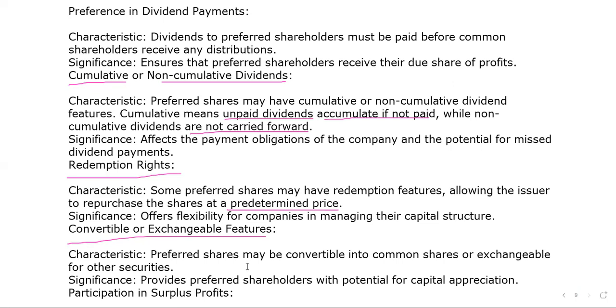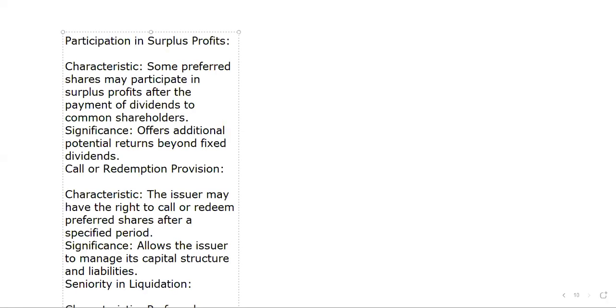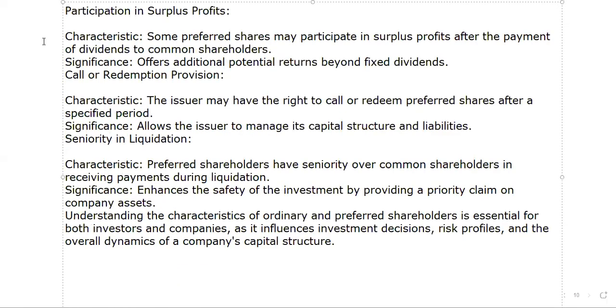Lastly, we'll discuss participation and liquidation. These are the components of the types of shareholders. In terms of participation, some preferred shares will also participate in surplus profits after the payments have been made to common stockholders.